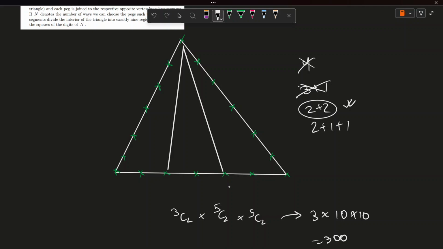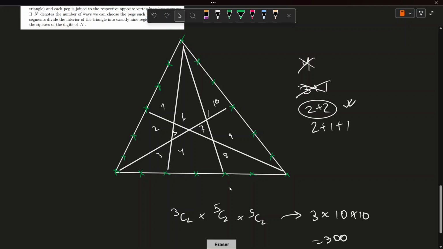Suppose we choose these two, and suppose we choose this one, and say we choose this one. So what is the total number of regions? If we count, 5, 6, 7, 8, 9, 10. So the total number of regions comes out to be 10.